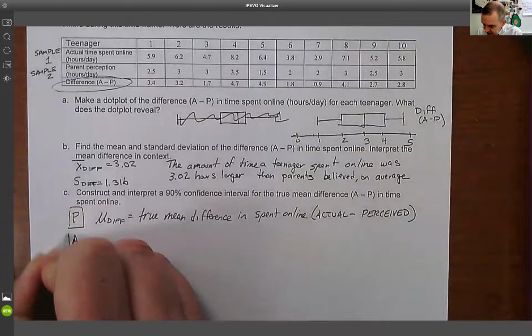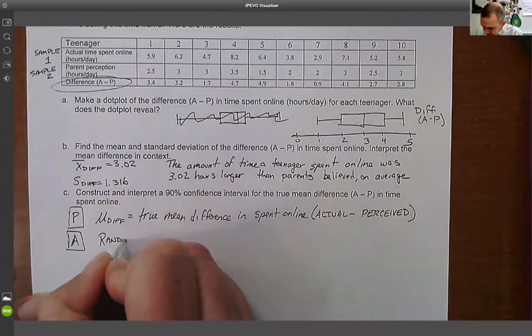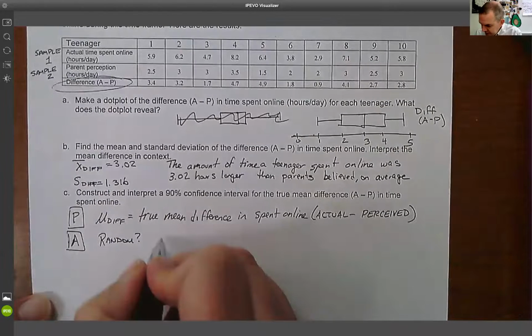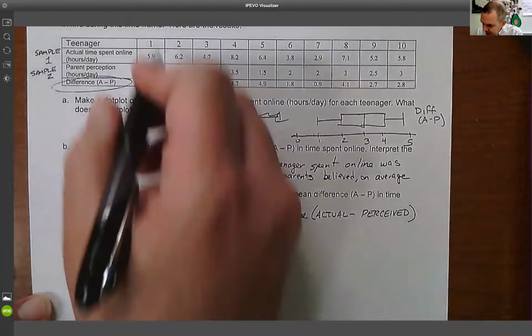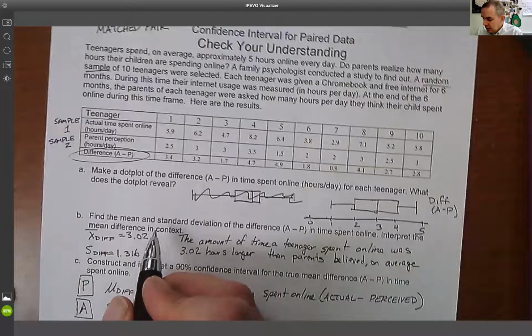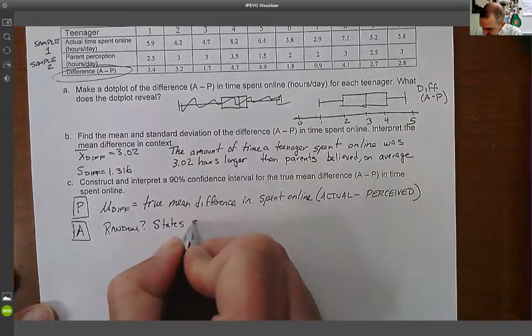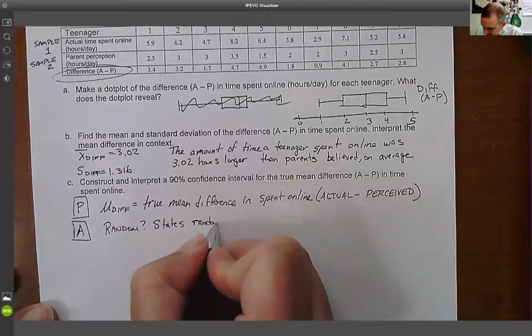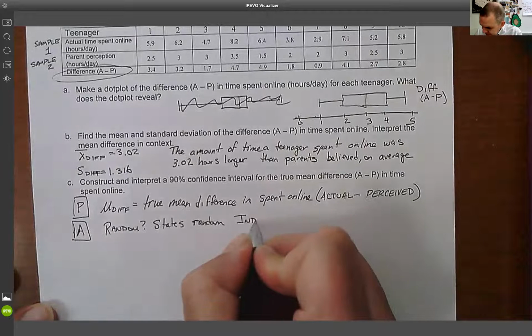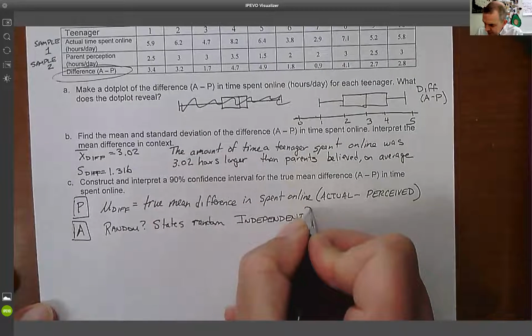So A, I'm going to validate my assumptions. First one is random. In this case, we look at, does it say random in here? We know it said random sample up top. So it states random. Now we're going to do independent. And this is a one sample again. So when we do independent, we want to do the 10N check.